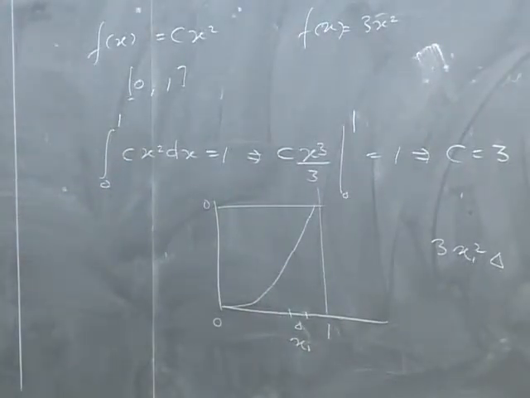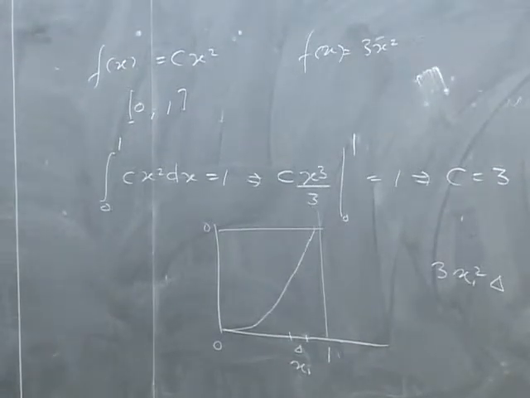Okay, any questions here? So it's not uniform; it's increasing. So values towards 1 are more probable than values closer to 0. But the probability at any single point, of course, is 0. Okay, any questions here?